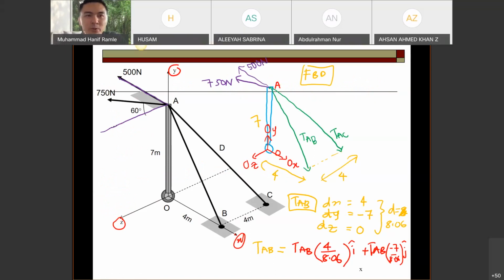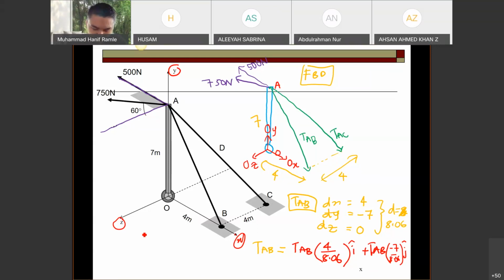Which component? J and K. Yes, Z and K only. There is no X component at all. There is no component for X.